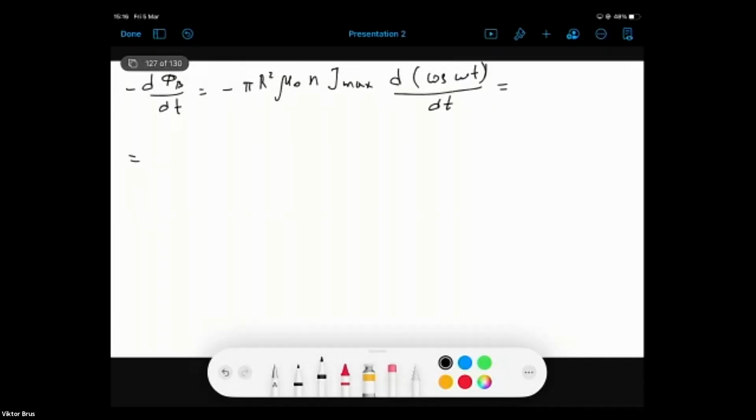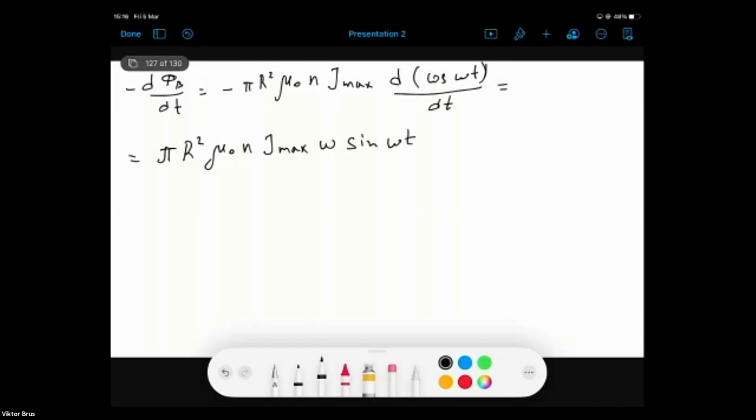We will get some positive value, pi times r squared times mu naught times n I maximum times omega and sinus omega t.